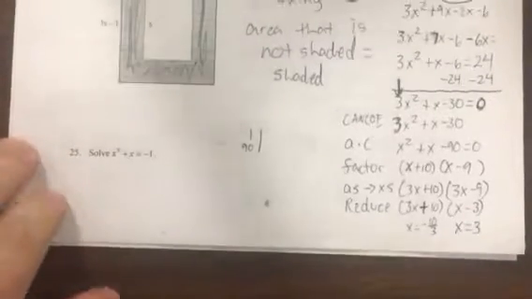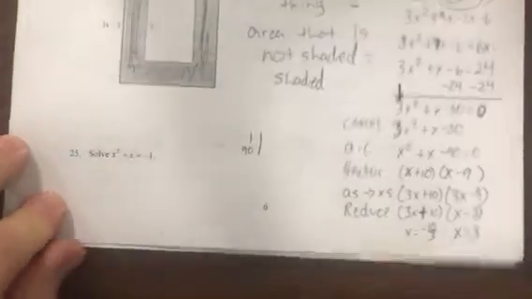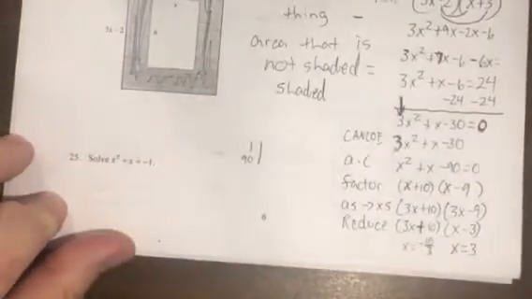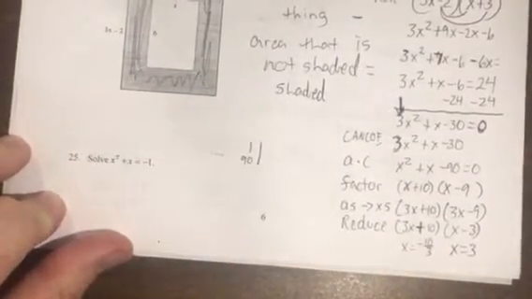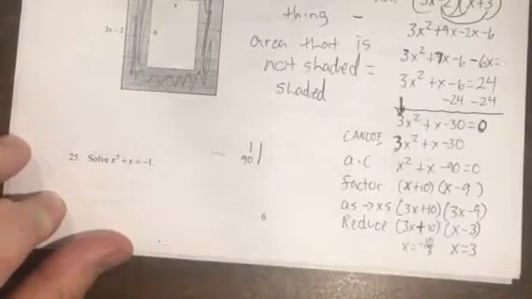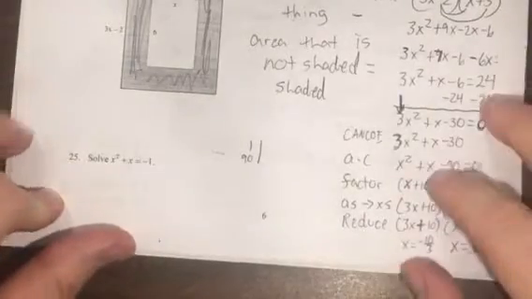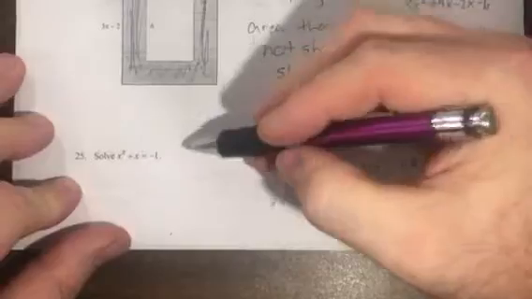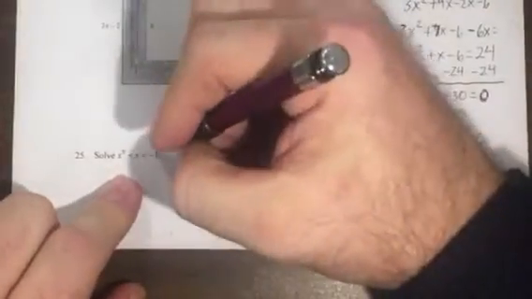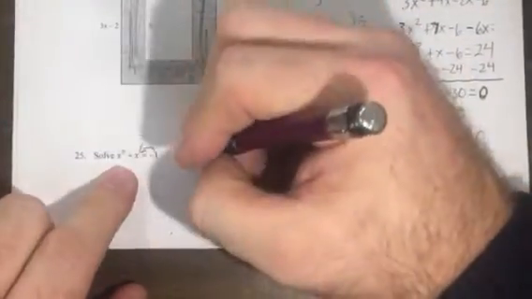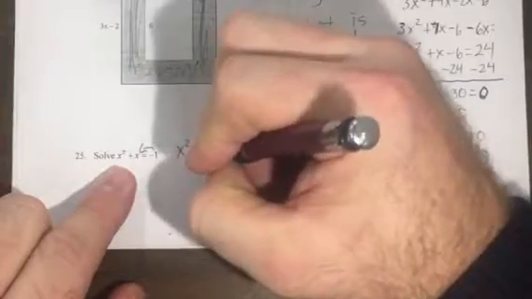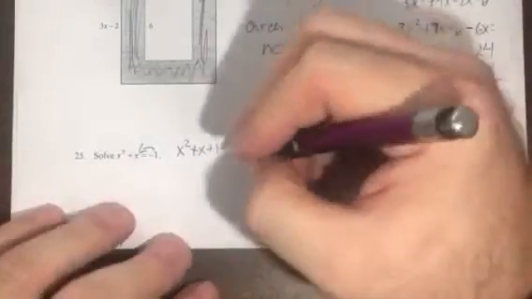I've got x squared plus x equals negative 1. So I got to move everything to one side. So x squared plus x plus 1.